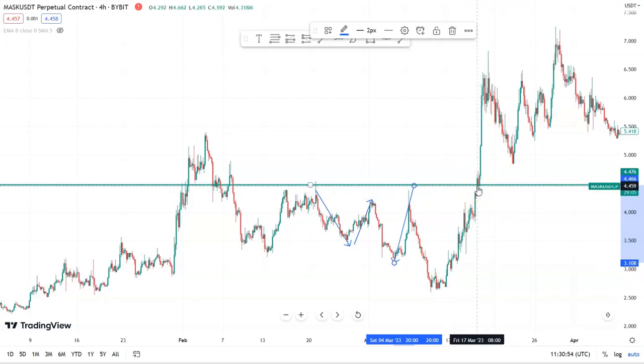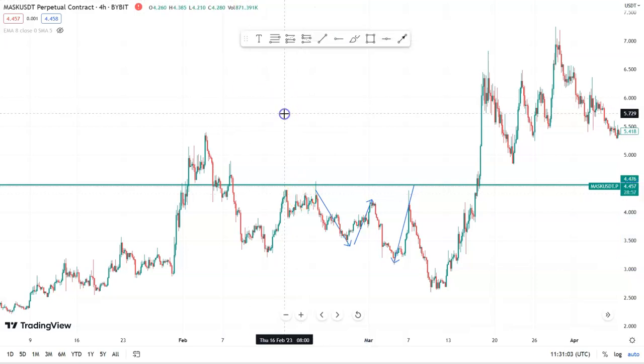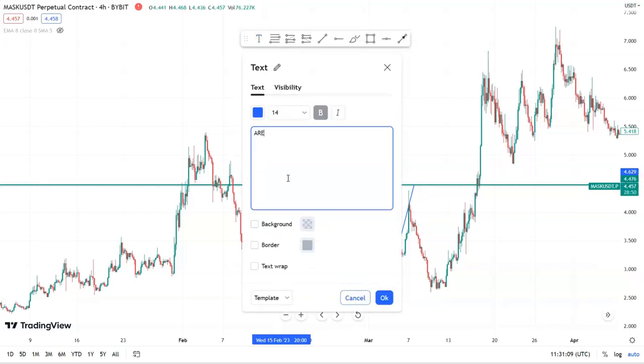So that area where, whenever the price is going up and comes to it, it pushes the price back down, we call it an area of resistance. So let me just put it in. Area of resistance.